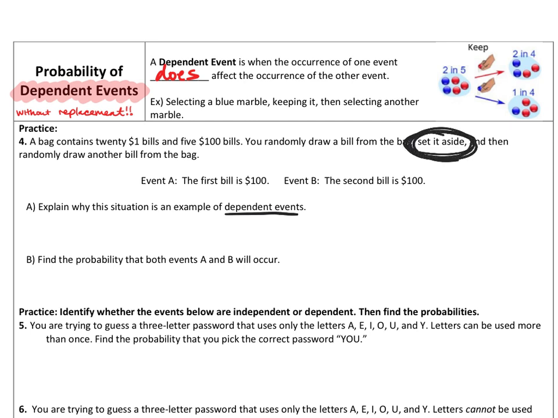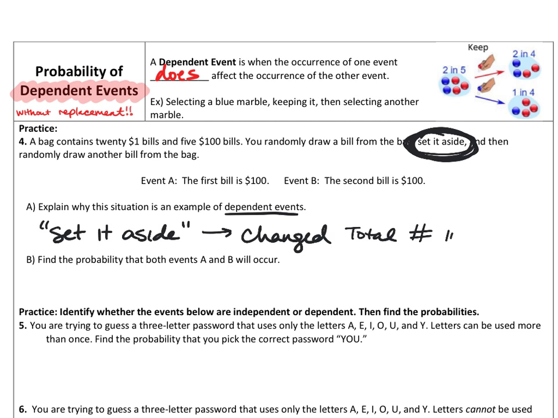Okay, circle, highlight, star, underline that part right there. The phrase set it aside means that you did not put that dollar bill back. You kept it. That means that you changed the total number in the bag. If you change the total number of options you have, it is a dependent set of events.